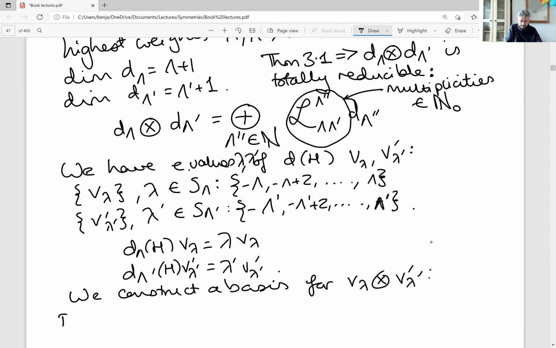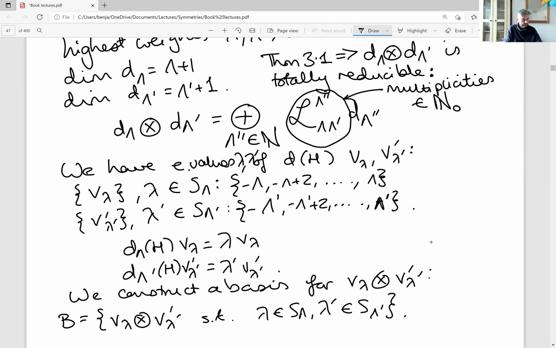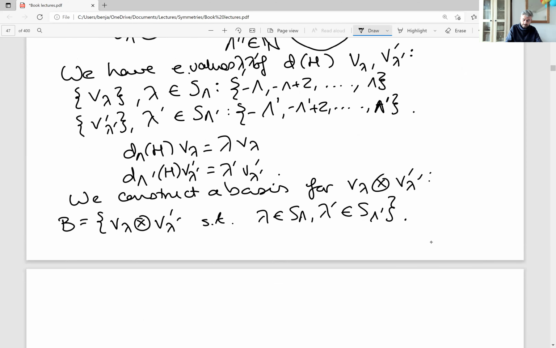I'm going to call this basis B, and this is the set of all such tensor products of eigenvectors, such that lambda is in S lambda and lambda prime is in S lambda prime.